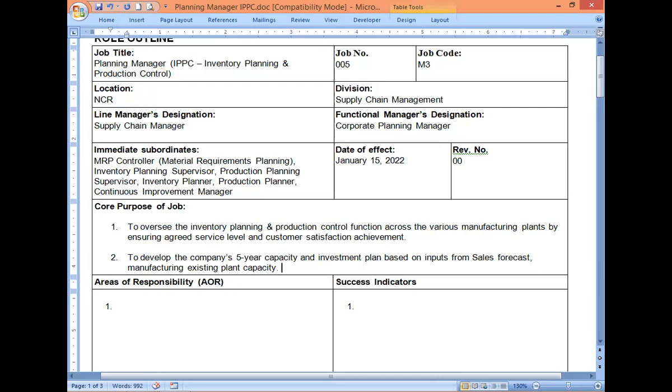Okay, what else? Plant capacity, no, I will put a comma because I'm going to include the marketing also. Marketing is the one planning the market. Where are we going to place the products?